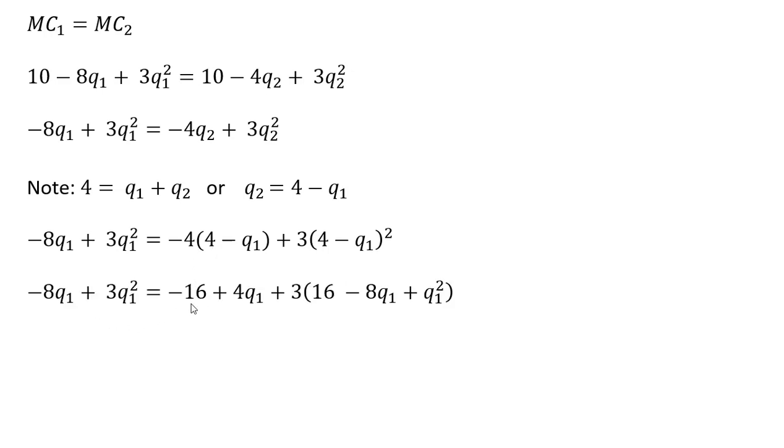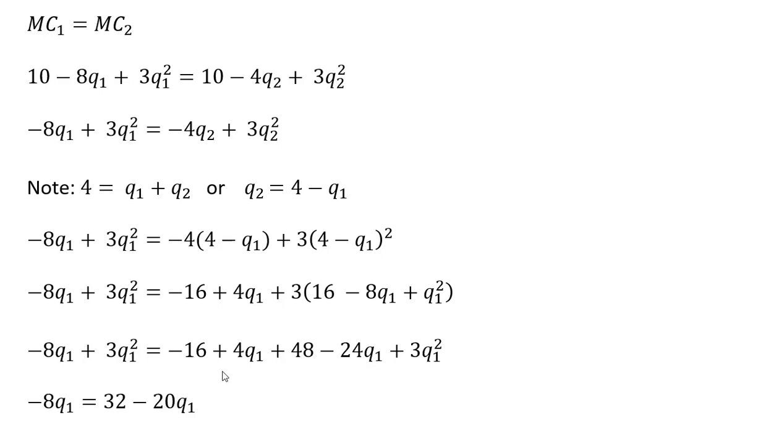So minus 4 times 4 is minus 16. Minus 4 times negative q subscript 1, we get this result. In parentheses, if we were to square that, we'd get this result here. And then in our next step, I'm just going to multiply this 3 by what's in parentheses here.